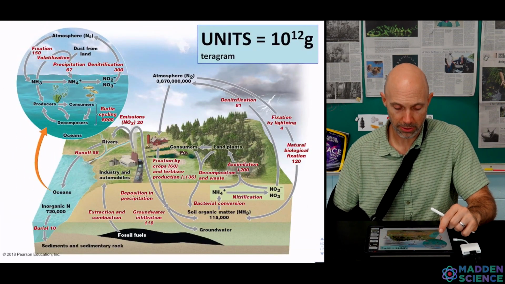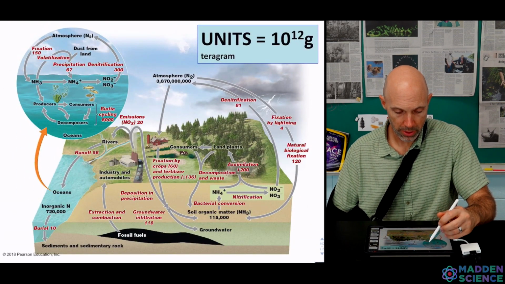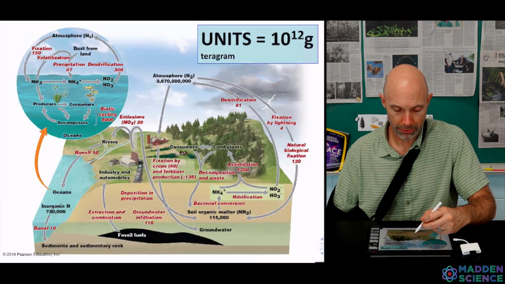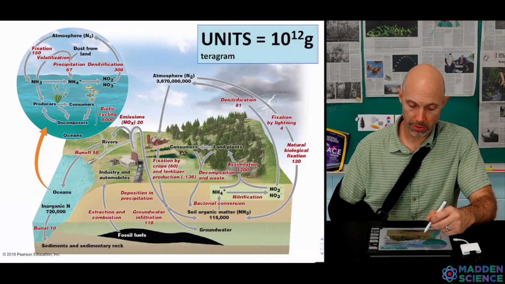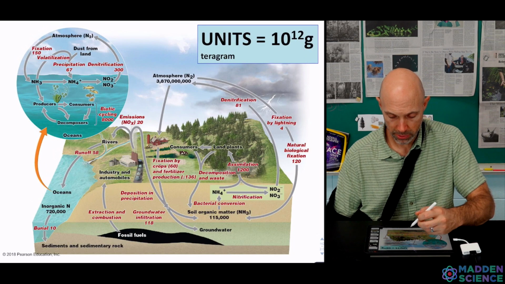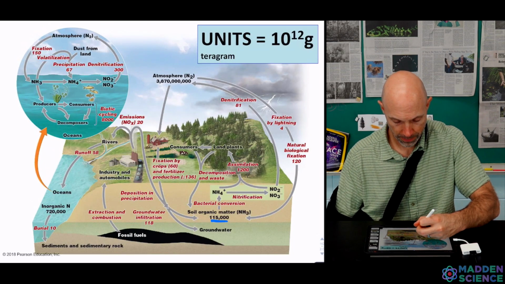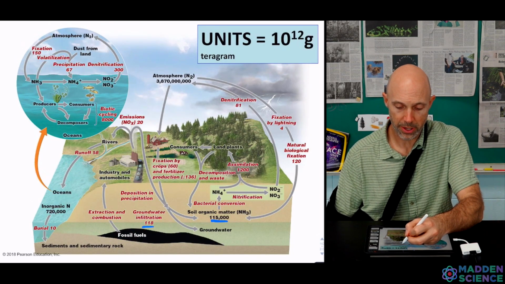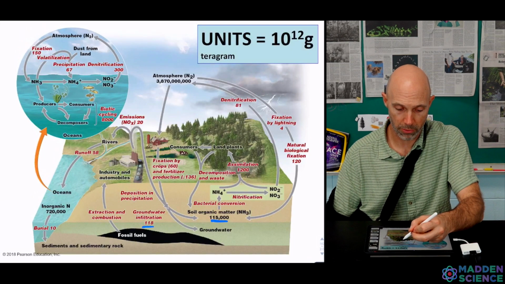Here's our nitrogen cycle. You can see both the aquatic and the terrestrial, or water and land, aspects of this. The units that you're seeing in here are teragrams, or 10 to the 12th grams. So highly complex.